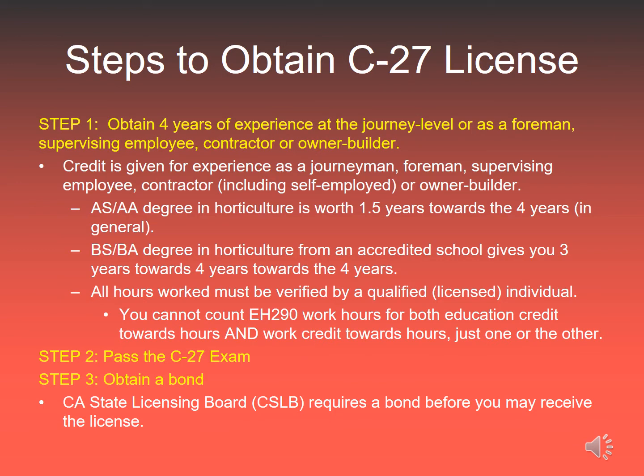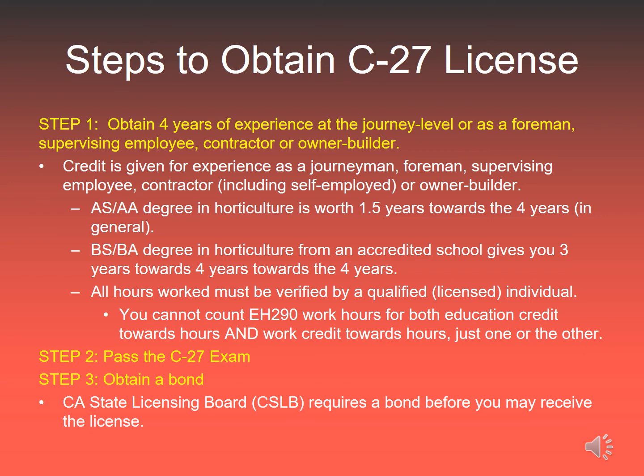Alrighty, let's talk about what you need to do to get your license. First step, obtain 4 years of experience at the journey level or as a foreman, supervising employee, contractor, or owner builder. So in one of those types of contracting roles, you need 4 years of experience prior to being licensed.